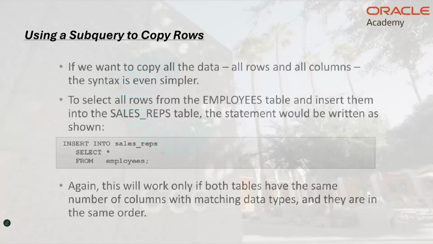If you run this, of course after building the sales reps table, you would see that both tables have the appropriate information. The one thing I do want to mention in this subquery scenario is that you're not deleting or removing anything from the employees table. You're just copying that information to the sales reps table.